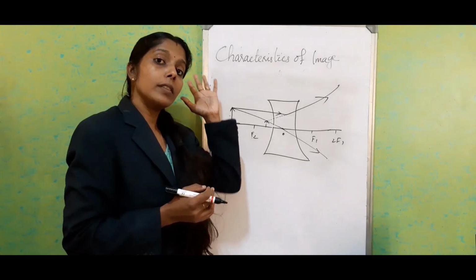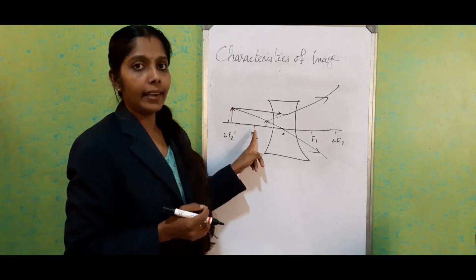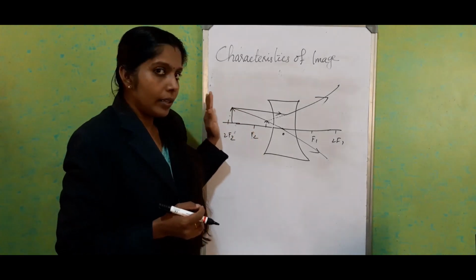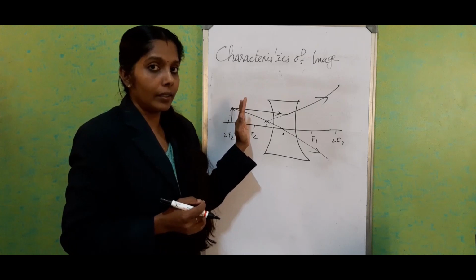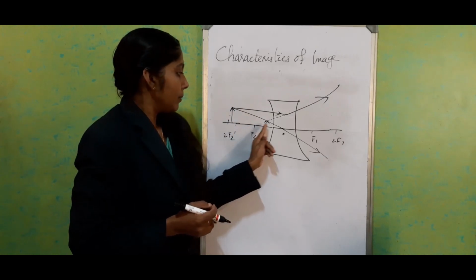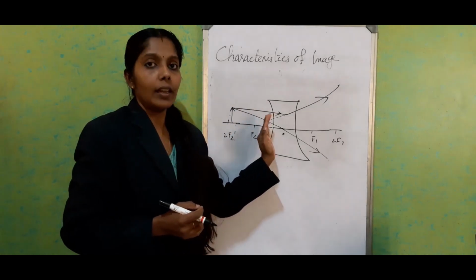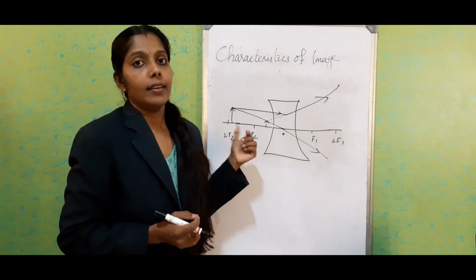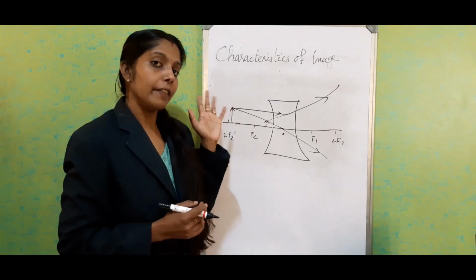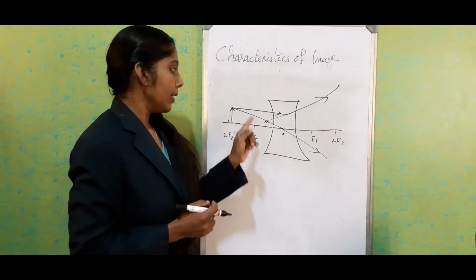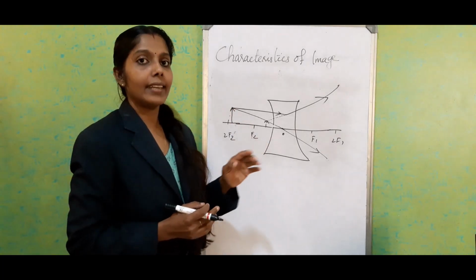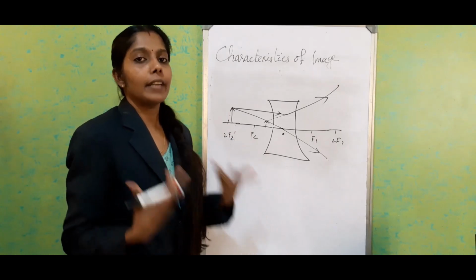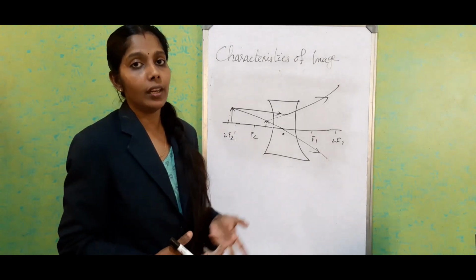When the object was at infinity, we got the image at the focus. As the object approaches the concave lens, the image moves towards the lens, but the position will always be between the lens and the second focus. And the nature of the image formed is small in size and erect in nature.